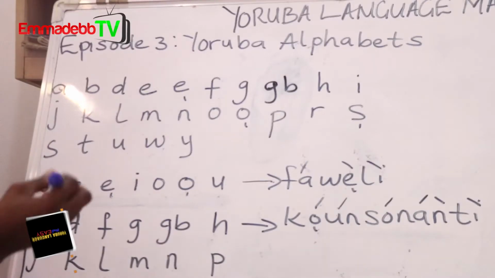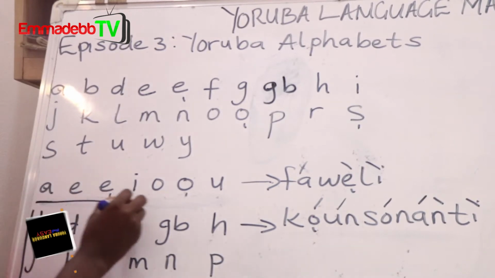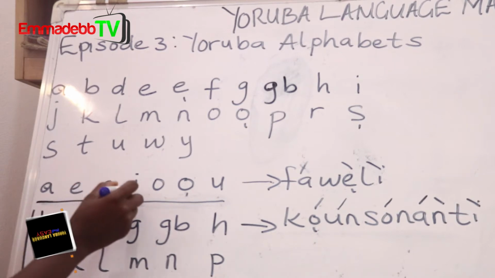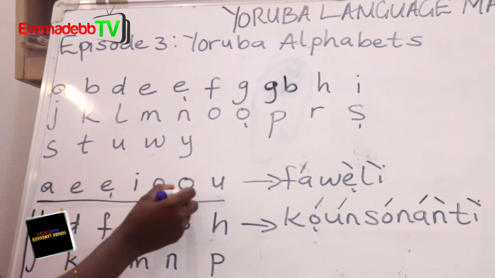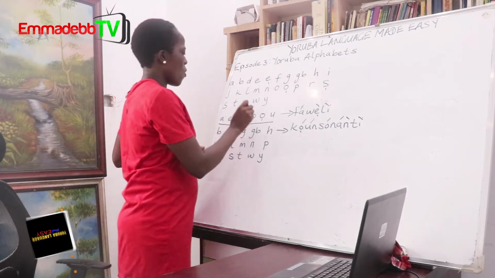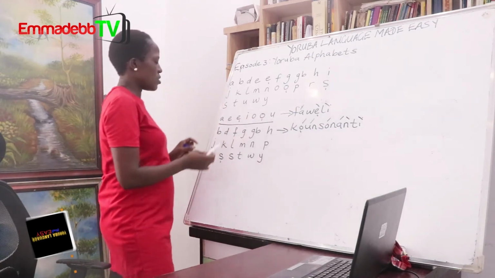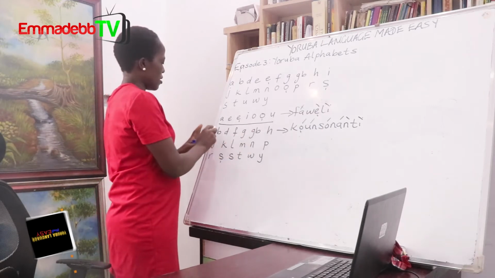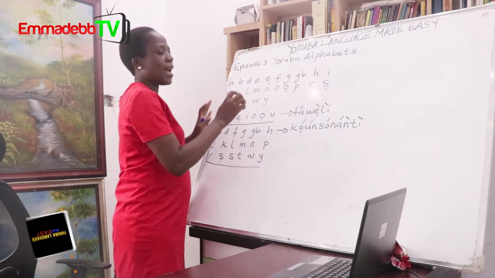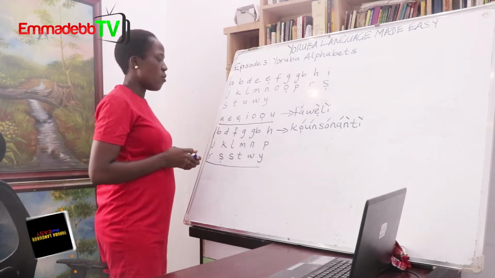These are the vowel sounds: A, E, I, O, U. Then we see the consonant sounds, like I have pronounced them for us.